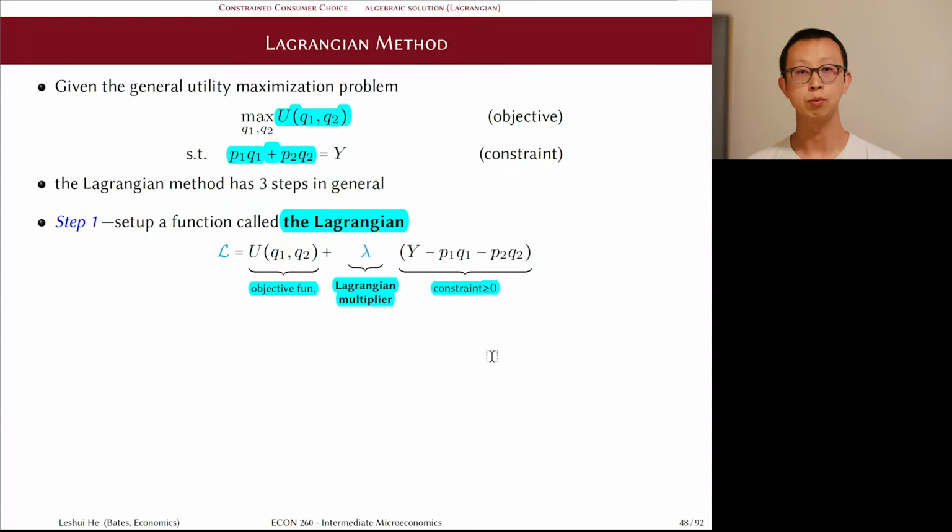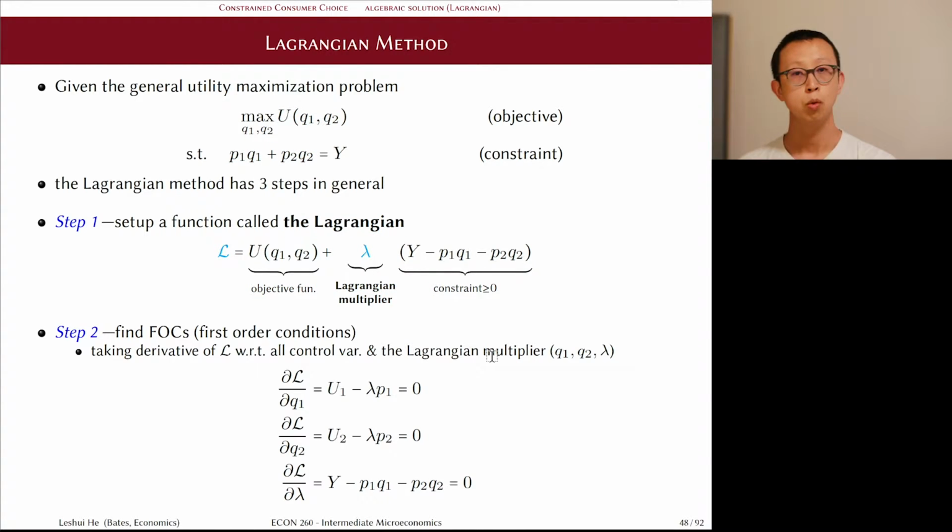Now with the Lagrangian written down, we're ready to write down our first order conditions. What we do in this step is just to take derivative of the Lagrangian with respect to all of our control variables, which are Q1 and Q2 in this case. But also we're going to take derivative of the Lagrangian with respect to the additional variable, which is the Lagrangian multiplier lambda.